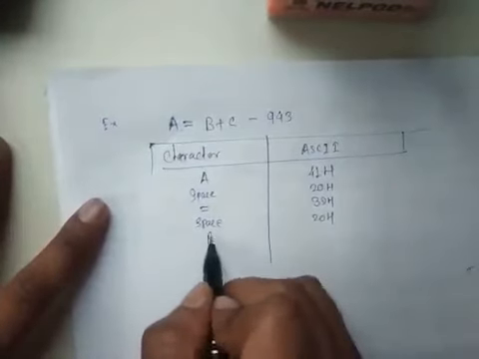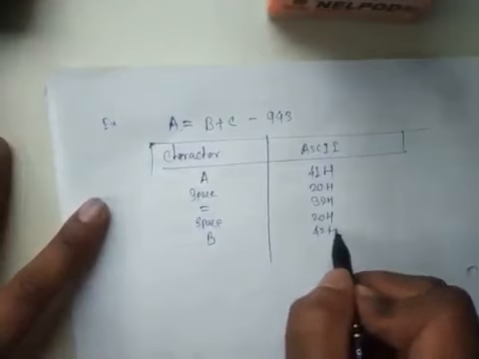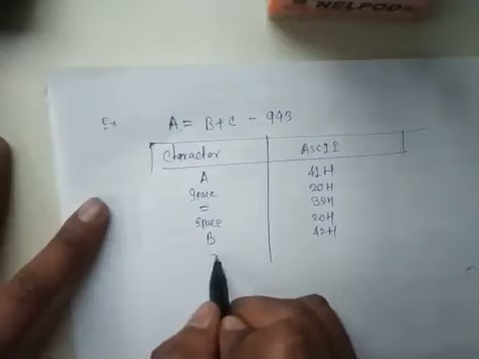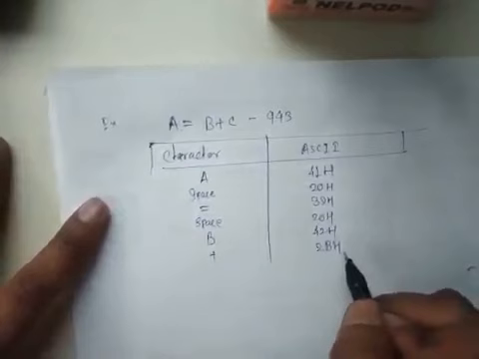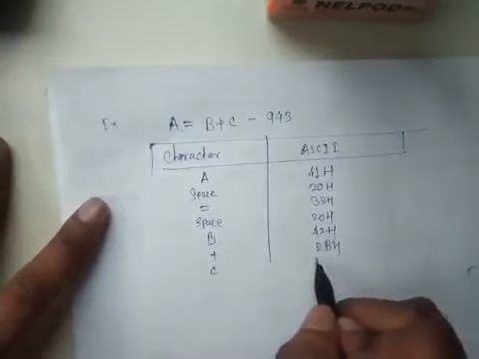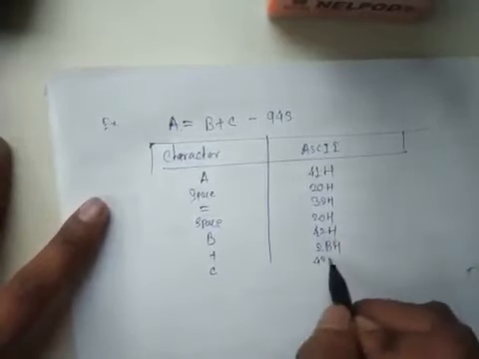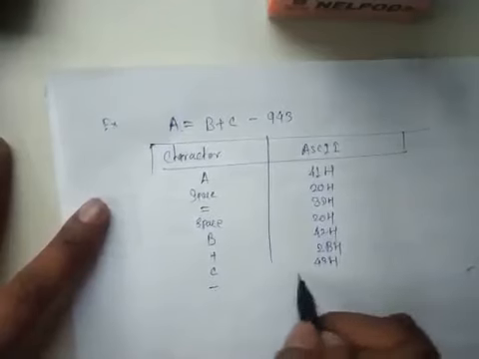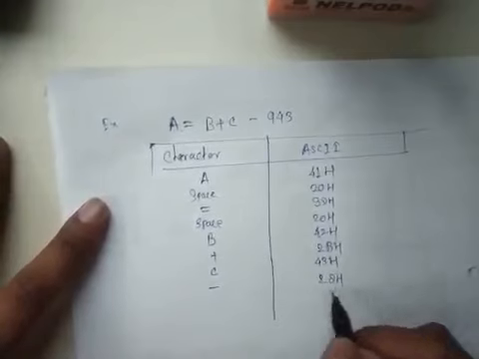Then B, with ASCII value 42H. Then the plus sign, that is 2BH. Then C, that is 43H. Then the minus sign, whose ASCII value is 2DH.